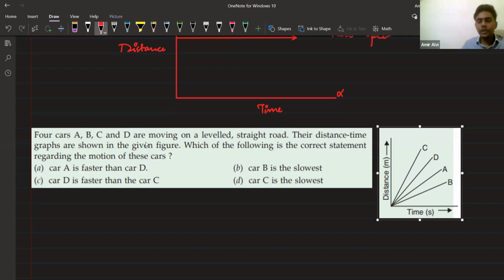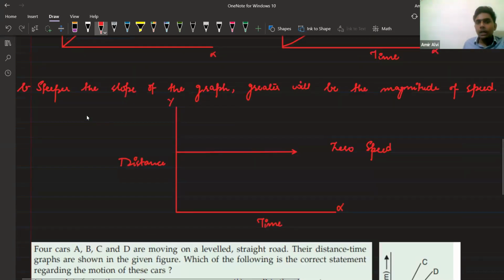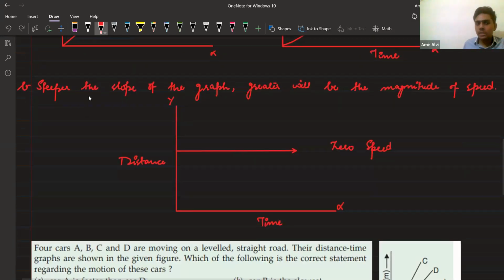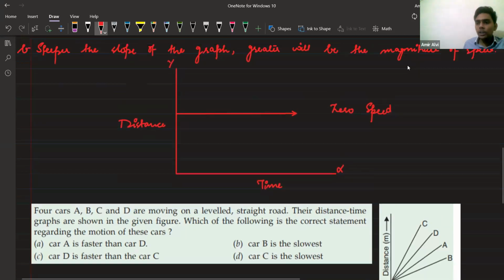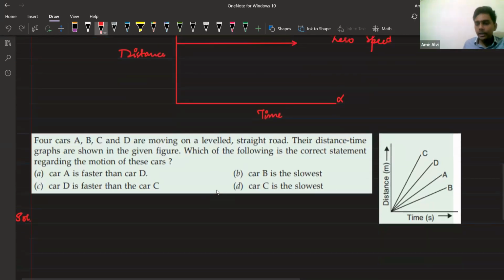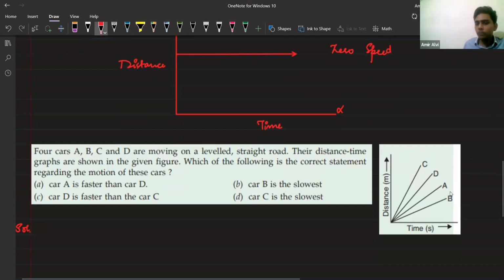Let's analyze the slope first. B is in the bottommost position, then A, then D, then C. I've told you that the steeper the slope, the more the value of speed. Right now, which one has the steeper slope, C or B?